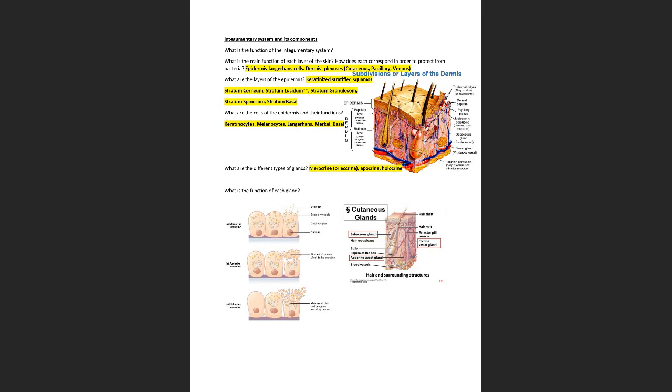Okay, awesome. So we're going to start by talking about the function of the integumentary system, aka our skin. So some functions include as a barrier. Okay, it's a physical protection.